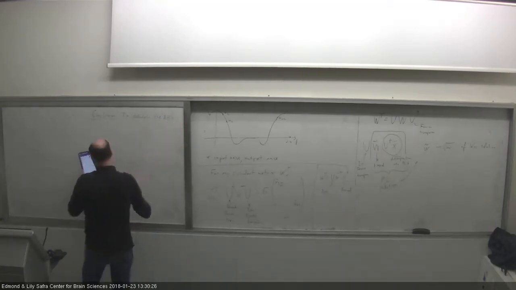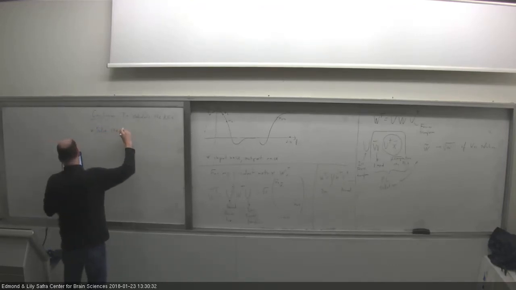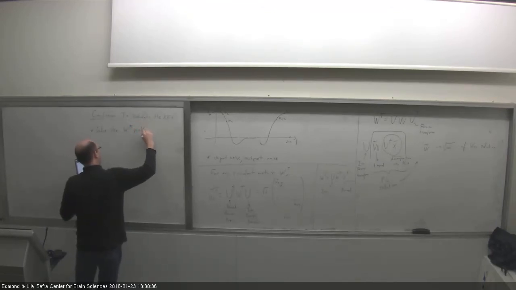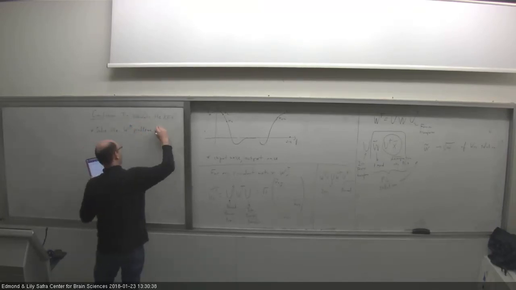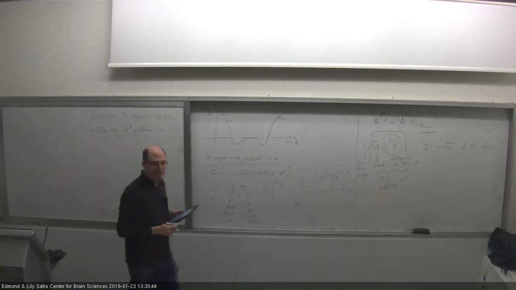To calculate the receptive fields, what do we need to do? We need to solve the WPC problem to get the square root of alpha i. Okay?